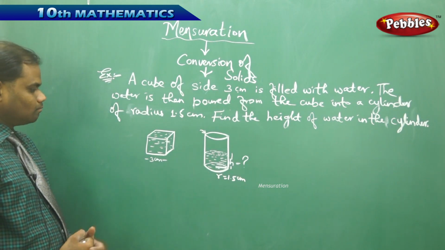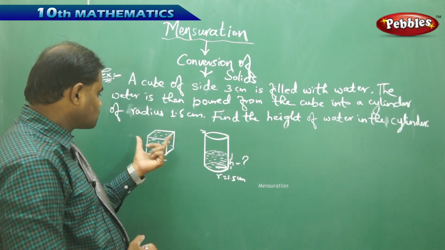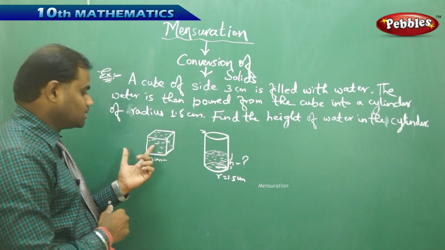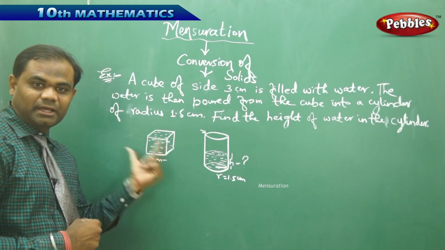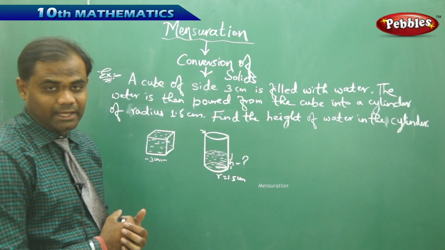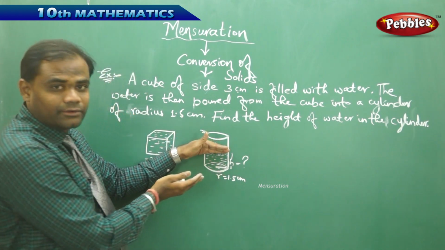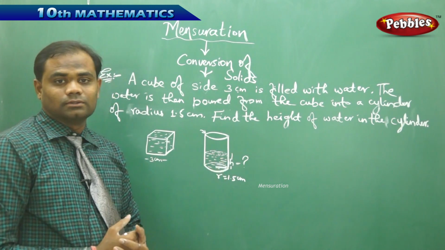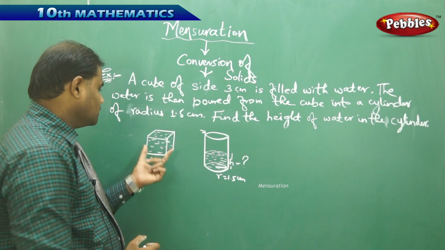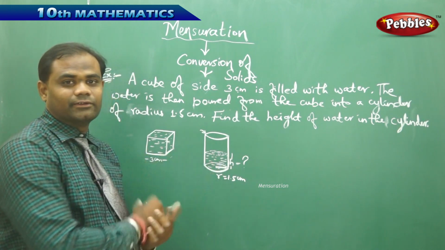So initially I clearly understand that exactly the amount of water filled in the cube, which is the capacity of the cube, is poured into the cylindrical vessel, implying the volume of cube is nothing but the volume of the cylindrical part occupied by the water. Because this is the same water poured inside the cylindrical beaker, the volume of cube is nothing but the volume of water inside the cylindrical tank.